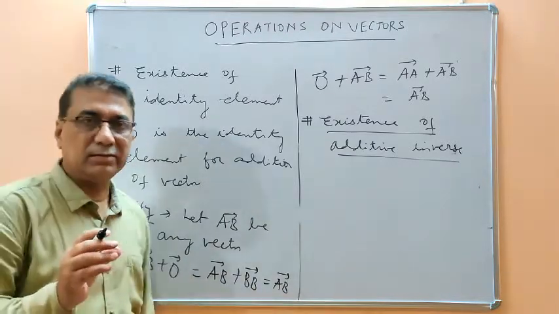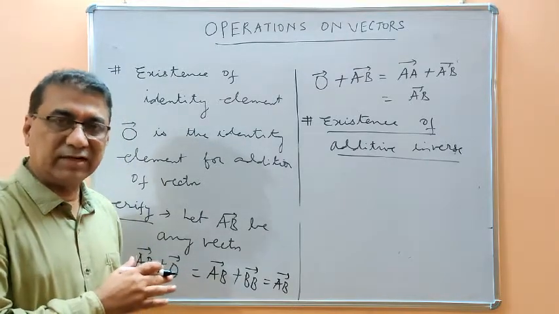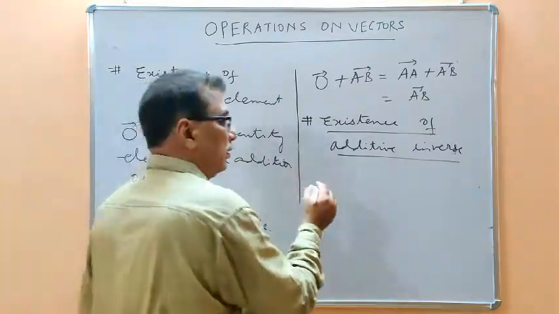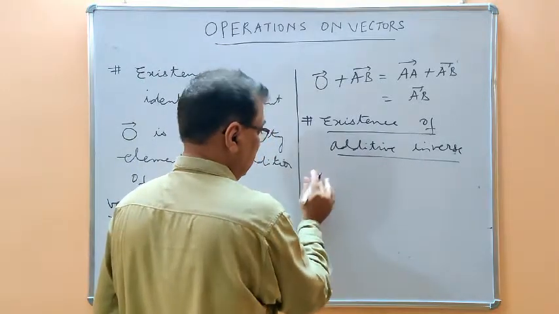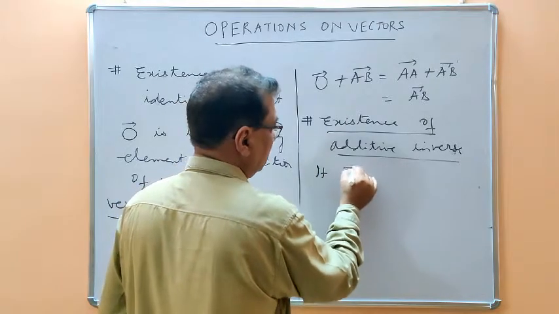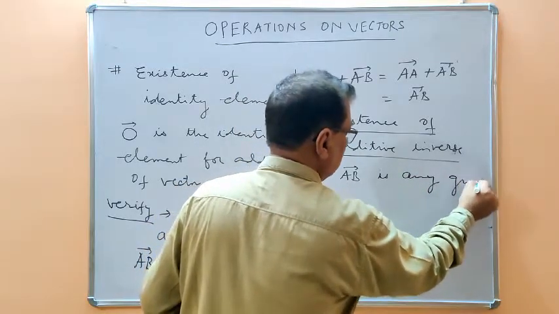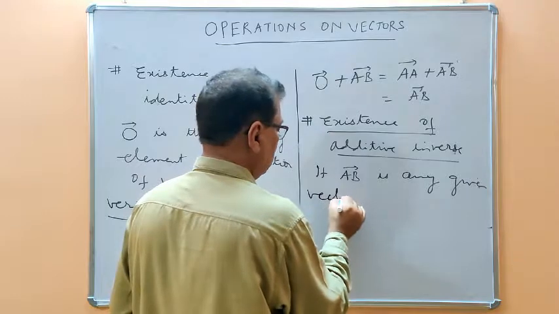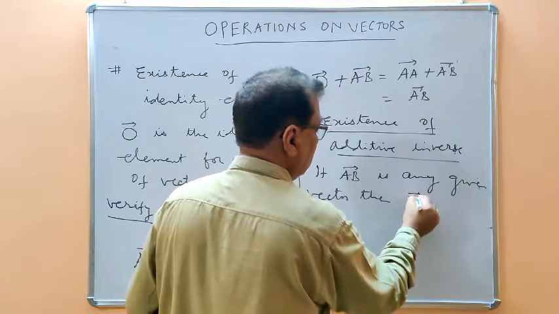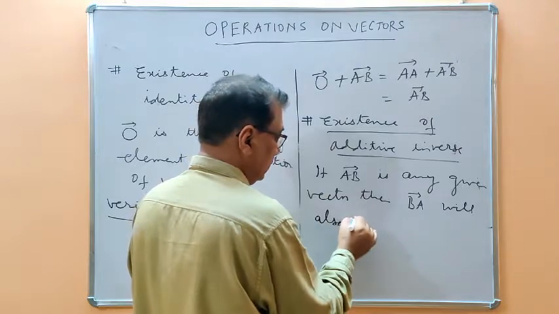The additive inverse is the vector that, when added to the original vector, gives the identity, that is the 0 vector. That is called existence of additive inverse. So if AB is any given vector, then BA will also exist.